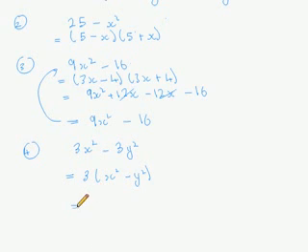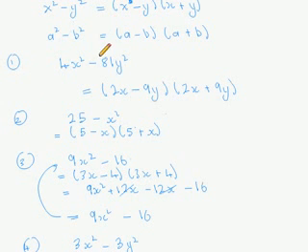Okay, then you go, okay, 3 times x minus y, x plus y. Okay, so that's using the difference of two squares, if the equation is in that form, x squared minus y squared. If it's x squared plus y squared, this won't work.